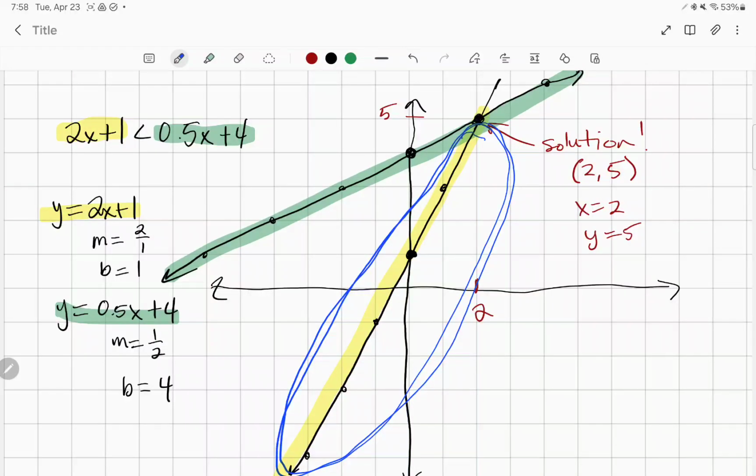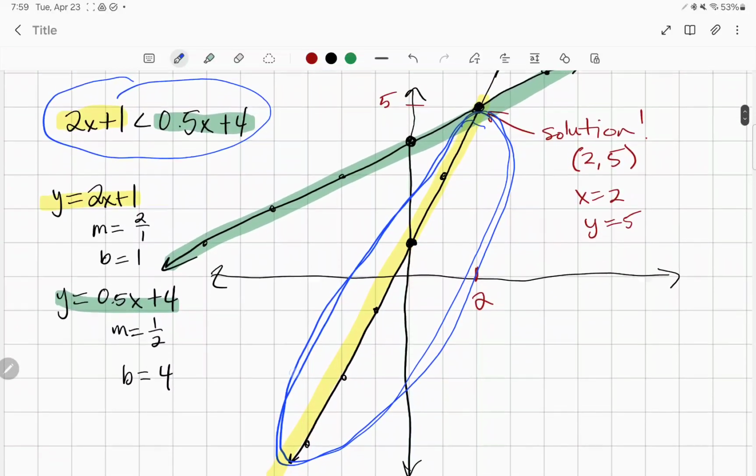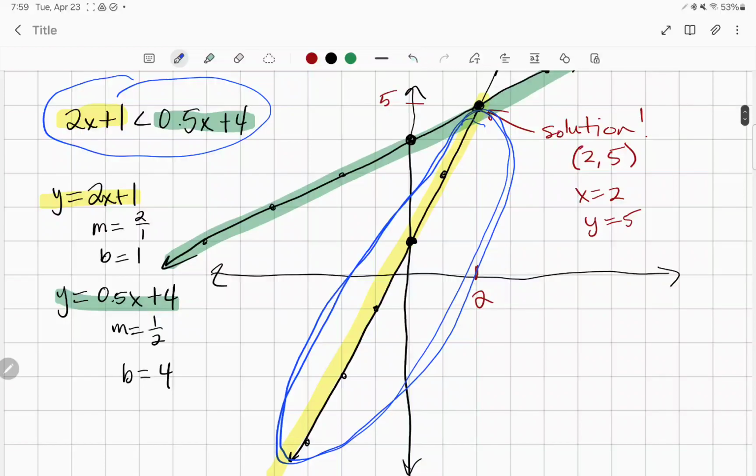Okay? So then we have to describe where that happens. Well, you can go through and solve this inequality, but if you remember, we got x equals 2 down here when we went through and solved it, so we're going to get the same thing. It's wherever your x value is less than 2 that it's going to be smaller. So the answer to this is x is less than 2.